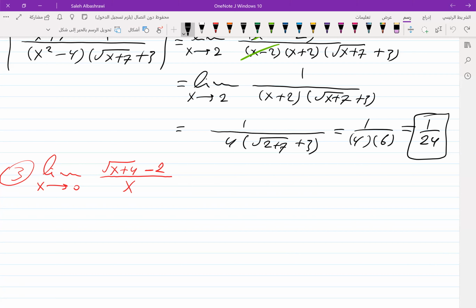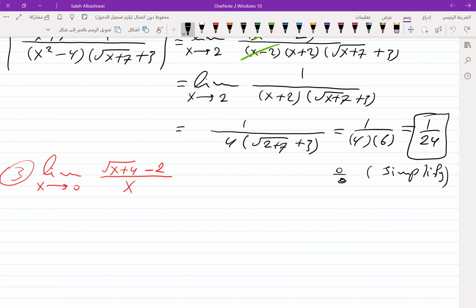If you replace x by 0, you will get 0 over 0, which means we have to simplify. If you get 0 over 0, just simplify.